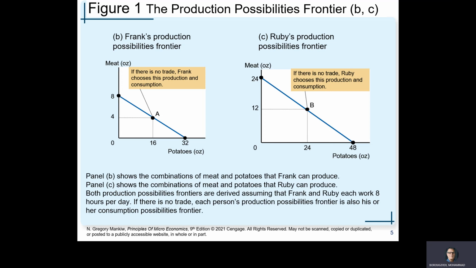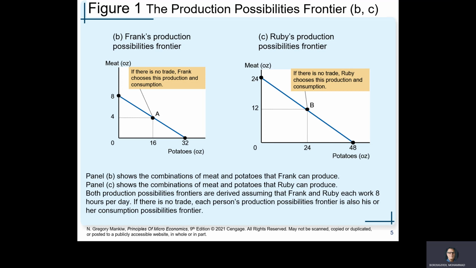If he just does 8 hours of meat, he comes up with 8 ounces of meat. If he only does potato, no meat, he comes up with 32 ounces of potato. That is Frank's production possibility curve.